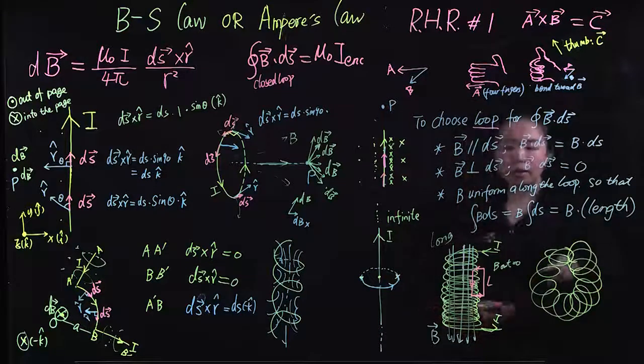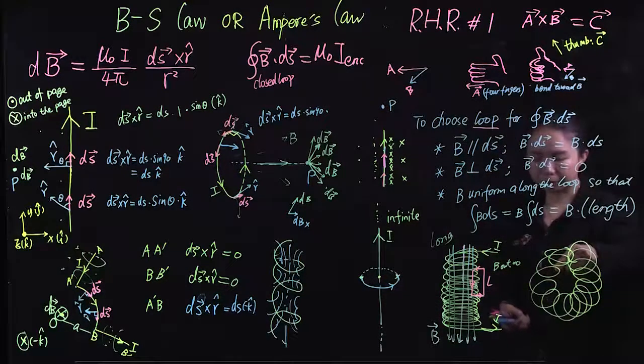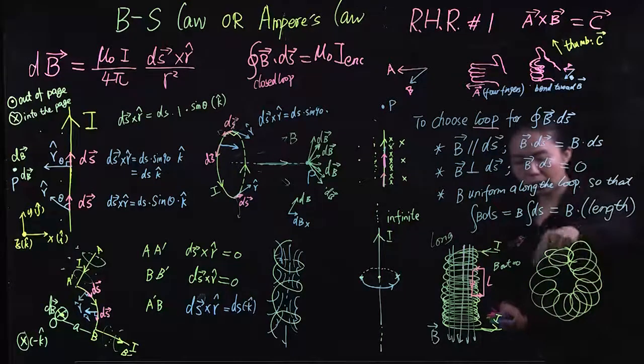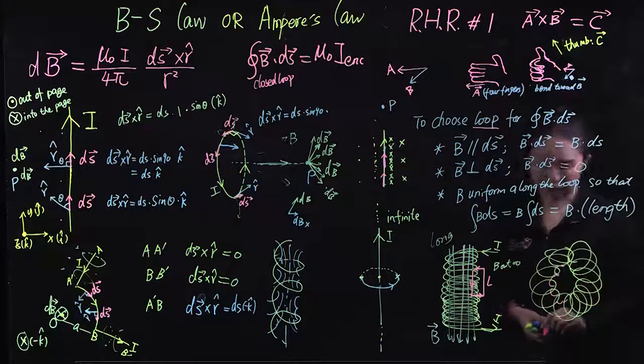Same thing happens here. If we have loosely packed wires and we bend them to form a circle, the B field surrounding it could be complicated like this, like this, like this.